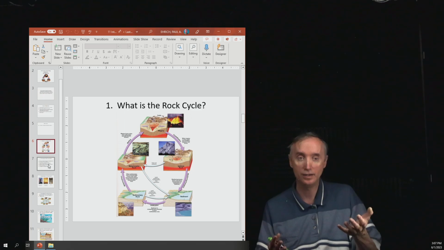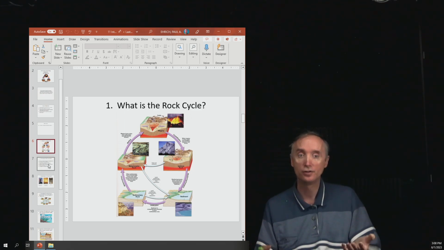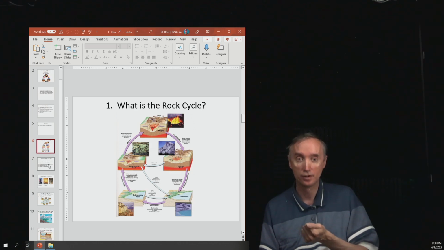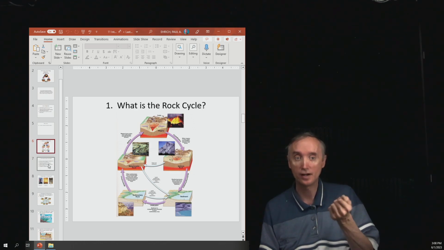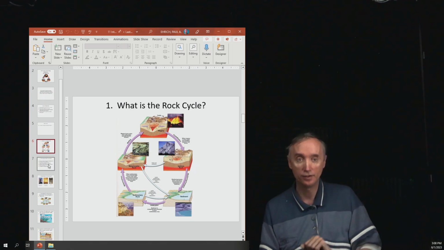It could change back into another sedimentary rock. And a metamorphic could change into another metamorphic rock. For example, slate is a metamorphic rock, but so is phyllite. Slate turns into phyllite if you increase the temperature and the pressure acting on it.